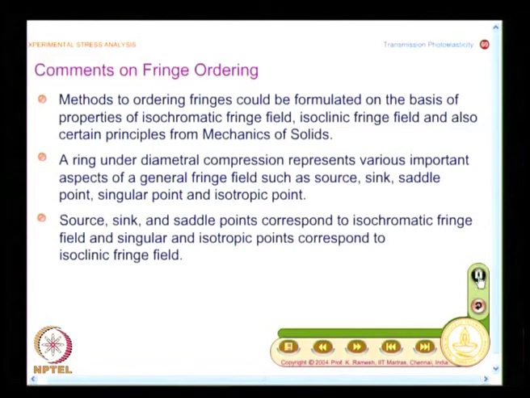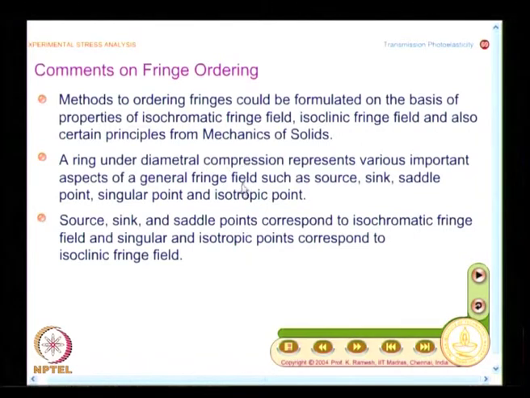The problem of a ring under diametral compression represents various important aspects of a general fringe field such as source, sink, saddle point, singular point and isotropic point. That is why we want to go for a ring under diametral compression.